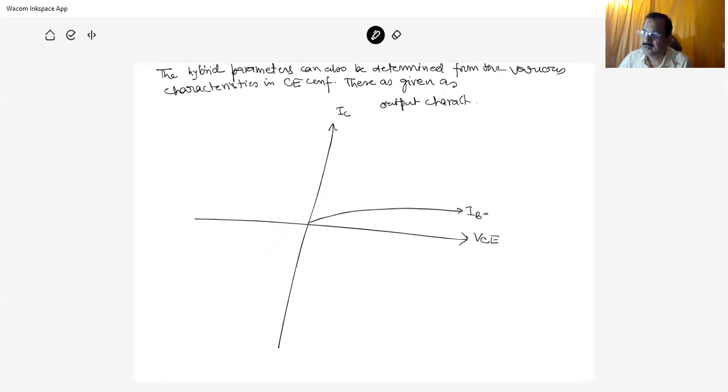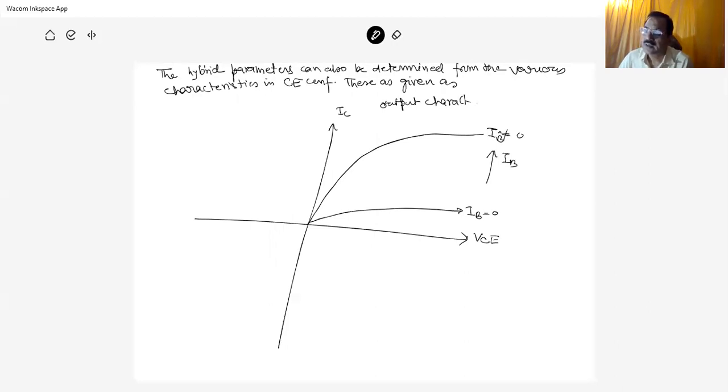This is IB equal to 0 and this is IB not equal to 0. So here IB will increase.